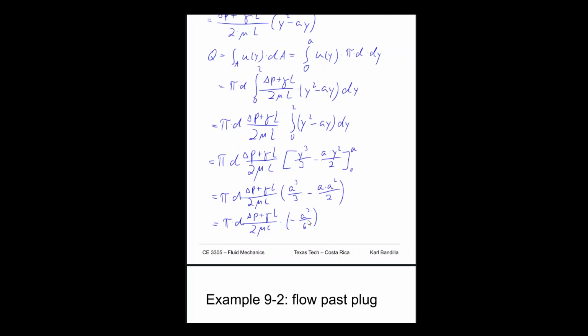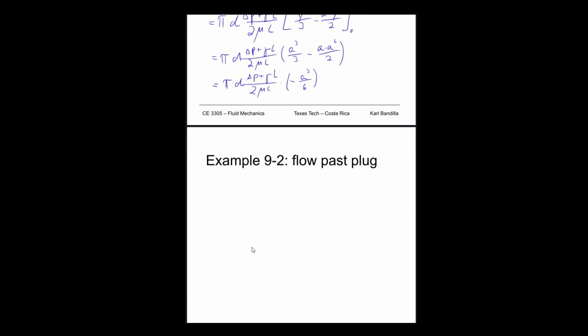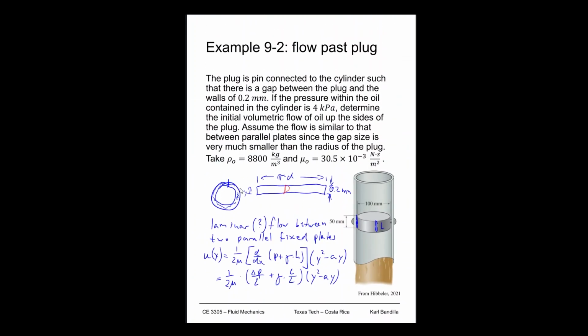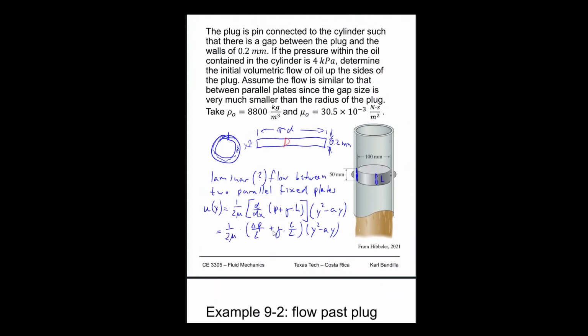And I think we can now just go ahead and plug all those values in to find what our flow rate is. So let's see, what do we have? We have pi. D is the diameter of the plug, which was 100 millimeters, so 0.1 meters. And then we have delta P, that's the change in pressure.